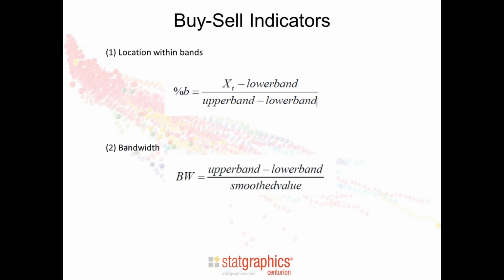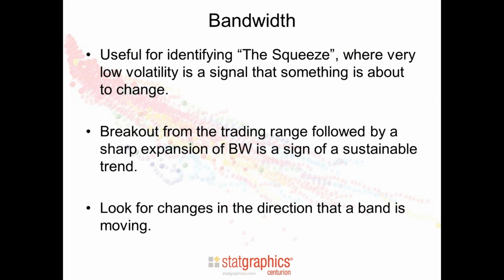Now, if you follow Bollinger's advice, the bandwidth is the most important statistic. He says you can use the bandwidth for 3 different purposes. First off, it's very good at identifying the squeeze.